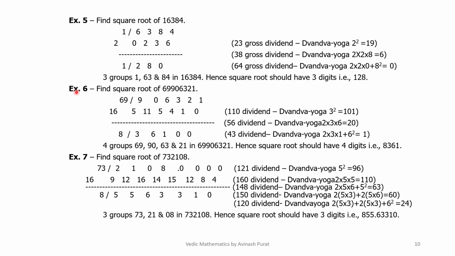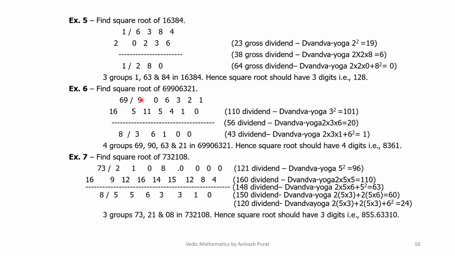Now next example 6, find the square root of 69906321. Now there are four groups, 21, 63, 90 and 69. The maximum square below 69 is 64 and the square root is 8. So 8 multiplied by 2, 16 is the divisor. 69 minus 64, 5 is the remainder.